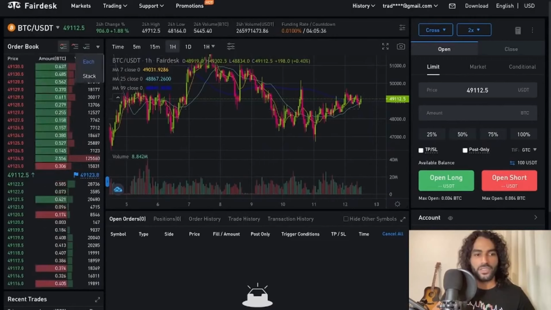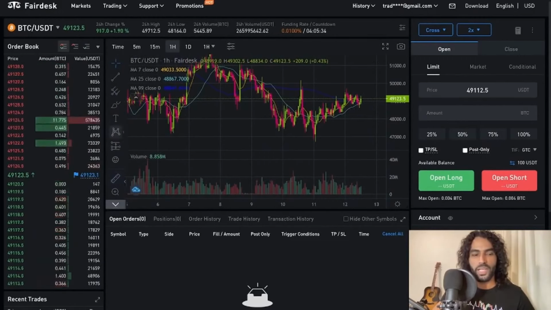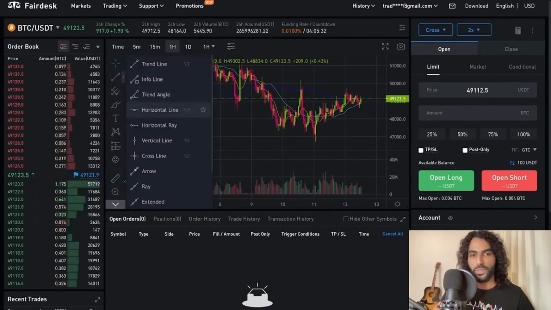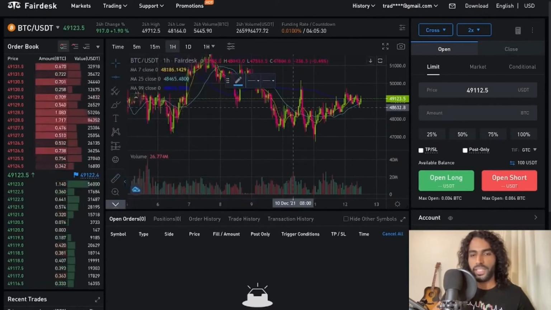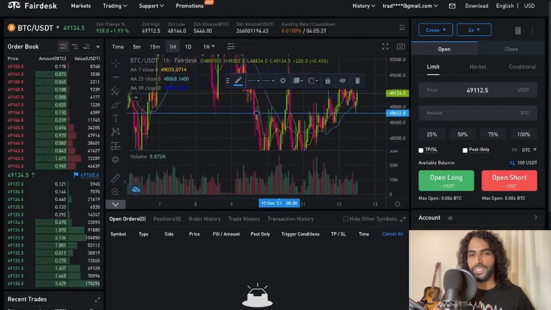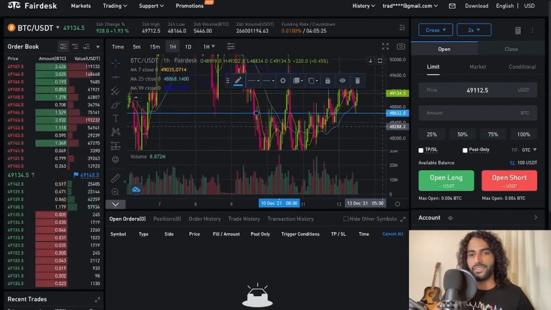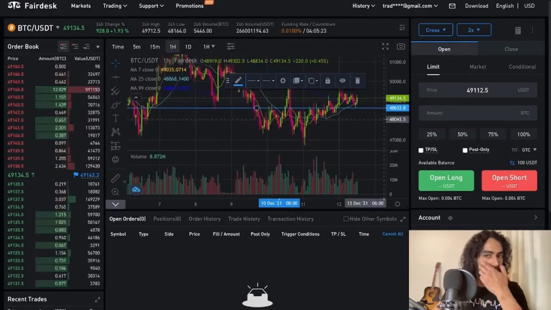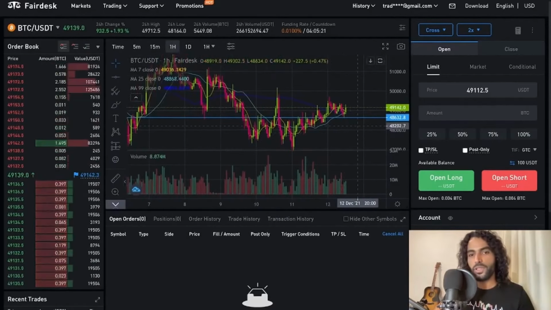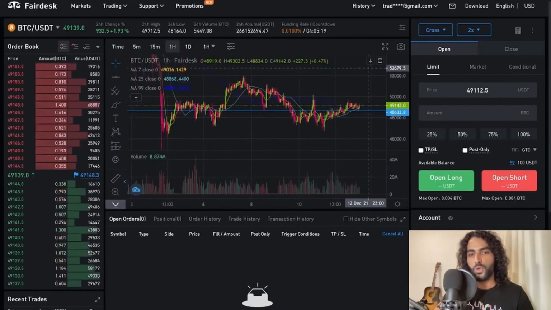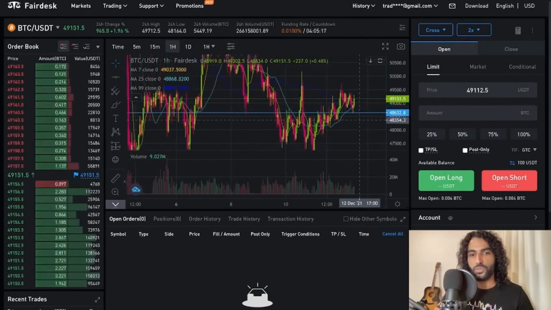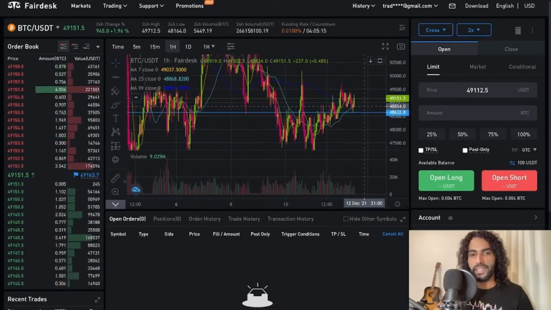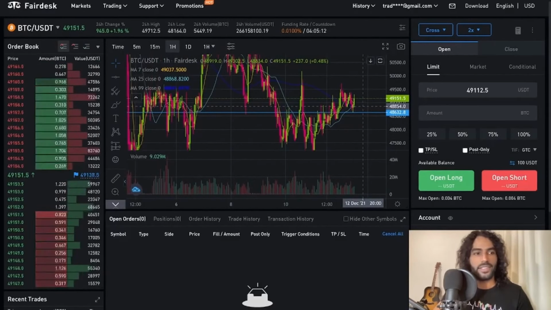Let me just draw the support, because I always buy when we are at the support. Here we have a support around 48,632. Just as an example, if we know the price will continue to go up, however this is the support, we could actually buy around 48.8 here.